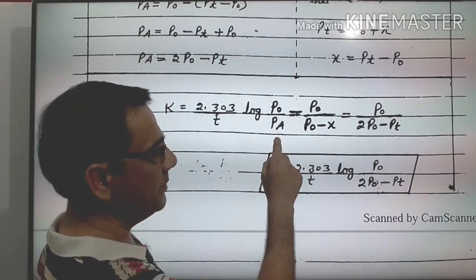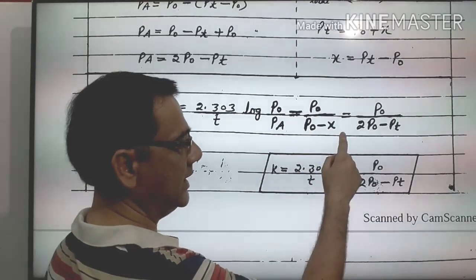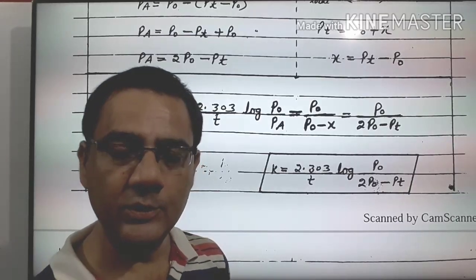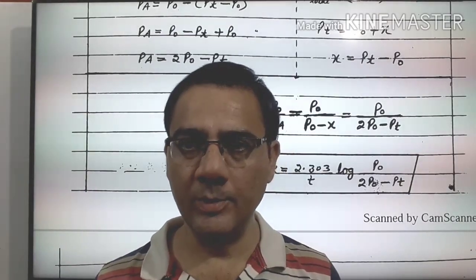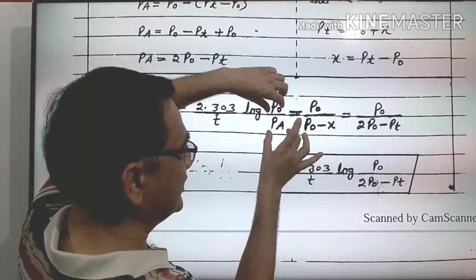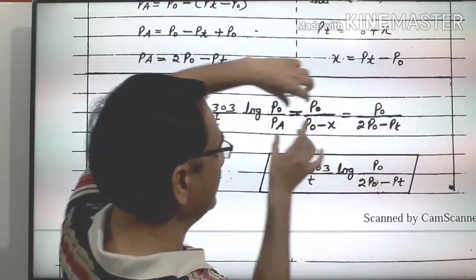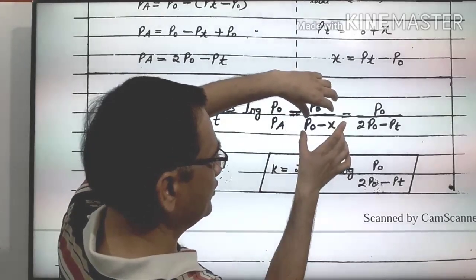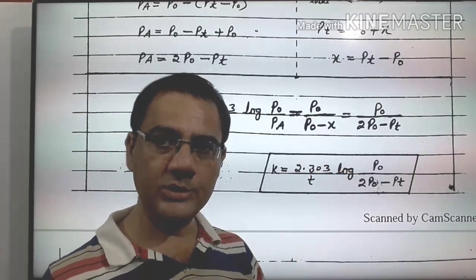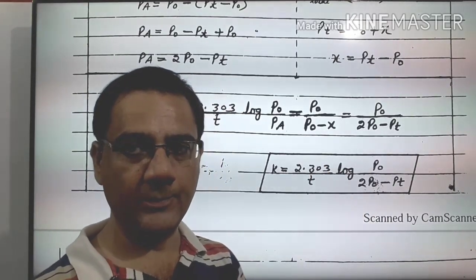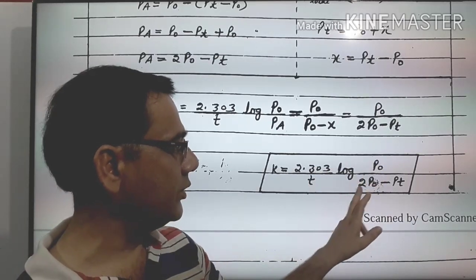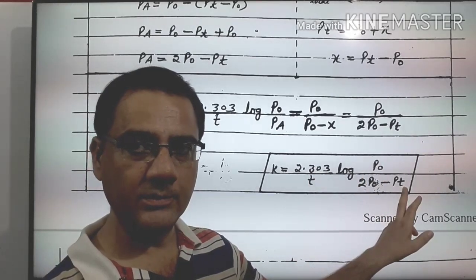Either P initial upon PA or P initial upon P initial minus x or P initial upon 2P initial minus Pt. Which formula we will use in this, that depends upon the numerical, what the values are given to you. लेकिन इन तीनों की वैल्यू आपस में बराबर है. Either we use this or this or this. And this is the final expression for those type of processes which occur in the gaseous form. K is equal to 2.303 upon T log P initial upon 2P initial minus Pt.